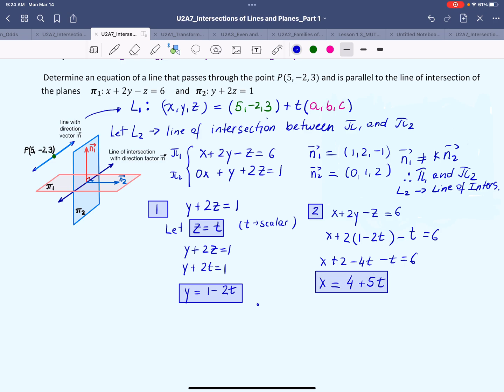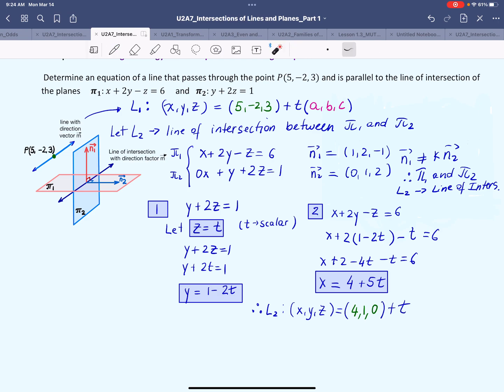So therefore, we're going to say that the line of intersection L2 will have the equation x, y, z equals a starting point. So for x we have 4. For y we have 1. And for z we have 0. So I have a constant of 0 there. And then plus t.